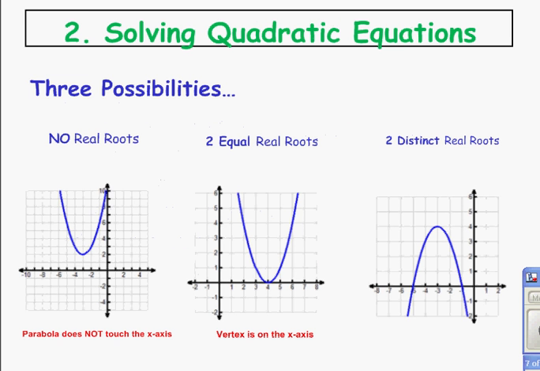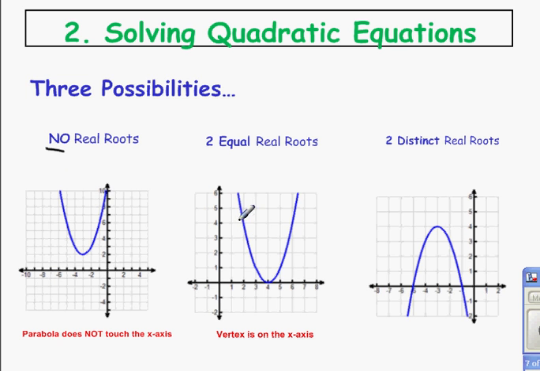When we solve quadratic equations, there's three things that could happen. We could try and solve it and end up getting no real roots, right? So we can't actually get a real answer. All that means is that when we're talking about our quadratic, our parabola, it doesn't touch the x-axis. So it just means our parabola doesn't have any roots, so there's no real solutions.